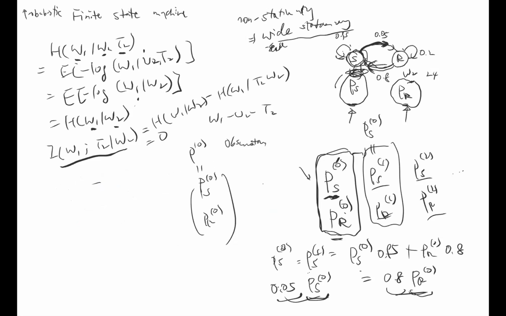Now, how I'm going to transit to the next day, the probability will be just multiplied by the transition probability, a transition matrix, right?